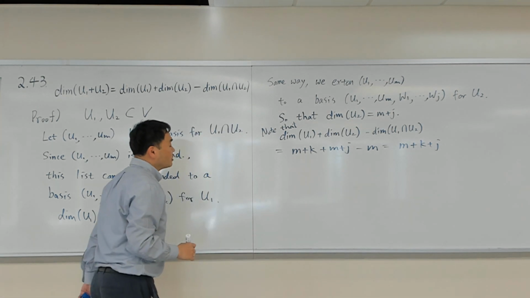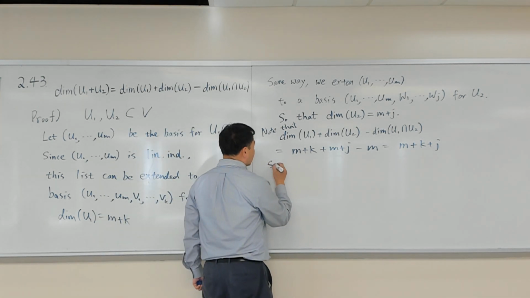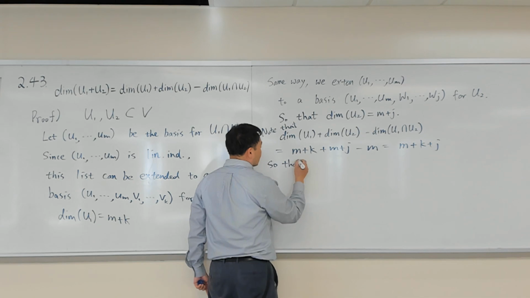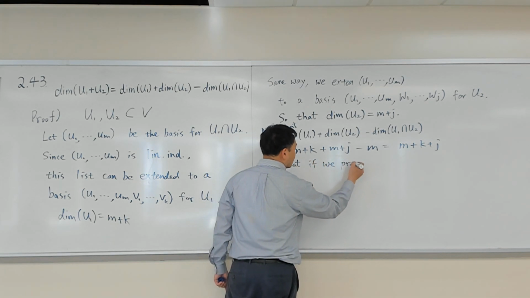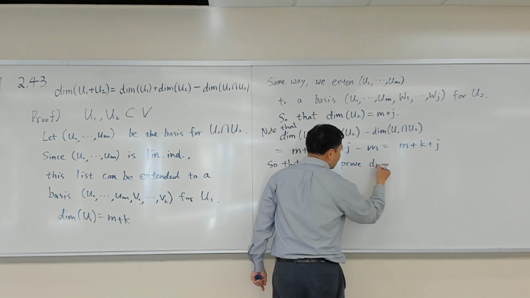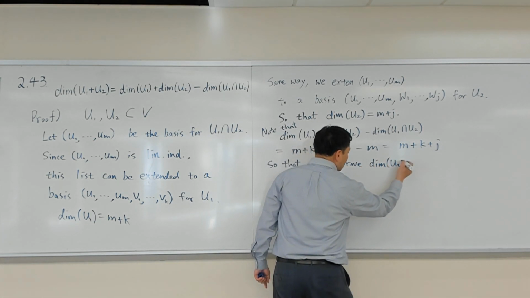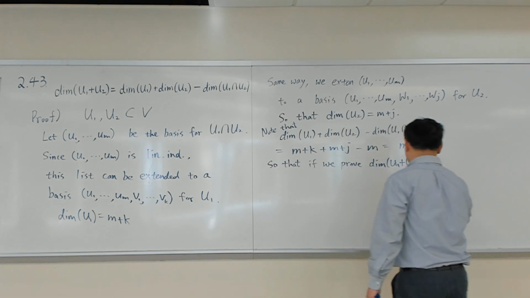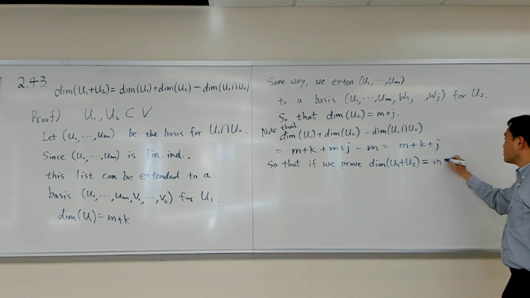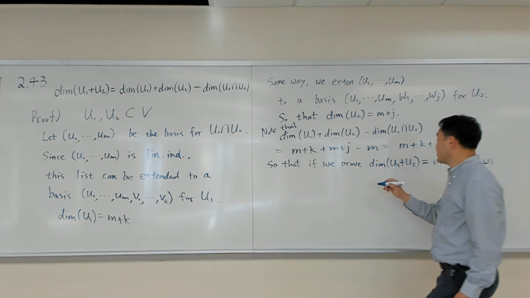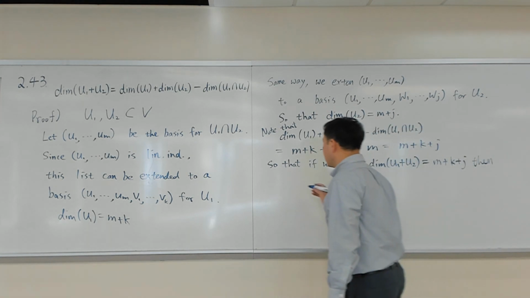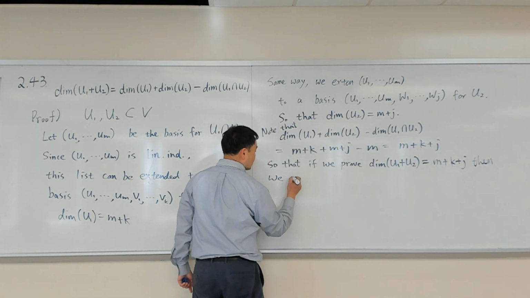So if we prove dimension of U1 plus U2 is equal to m plus k plus j, then we are done.